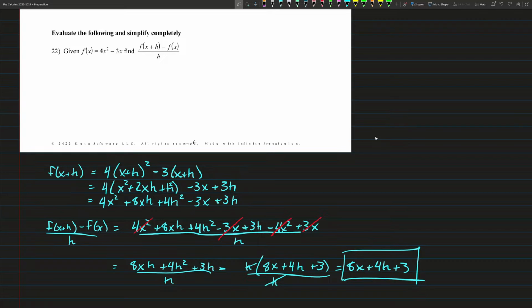No. No, yeah, you're right. It should be negative 3h. You're right. So then this should be negative. Which means this is negative, this is negative, and this is negative. Yep, you're right.